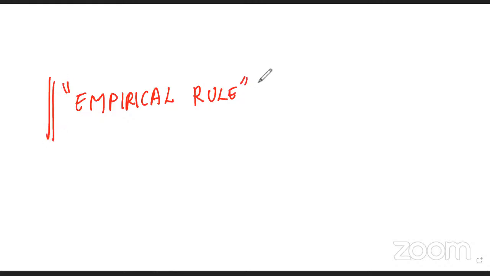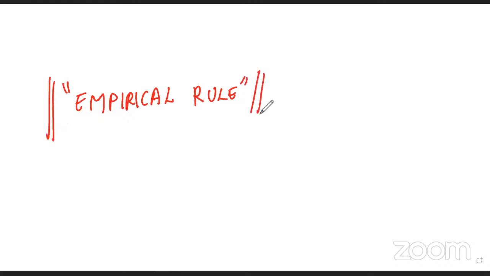All right. Fine. Before we get into this, let's complete this. Whenever we say that data is normally distributed, it follows one property called the empirical rule.